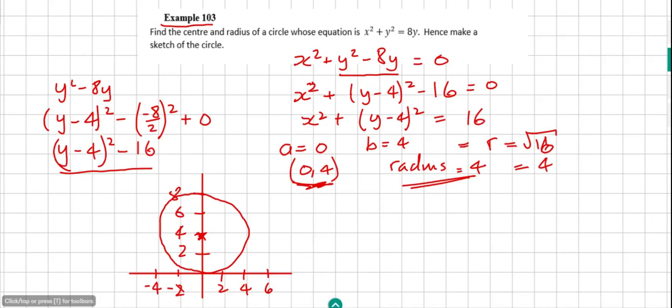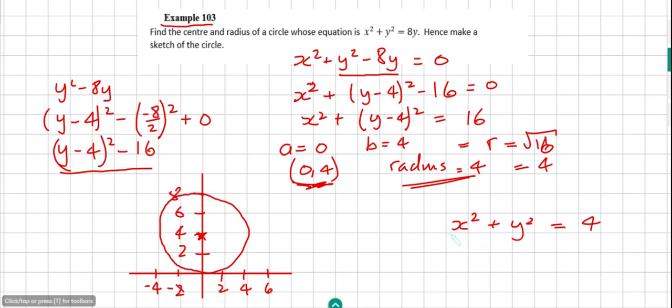Just one more thing I should say is if we had a very basic equation, which was like this, x squared plus y squared, and we'll say is equal to 4. Then we might be confused because where's the brackets gone?